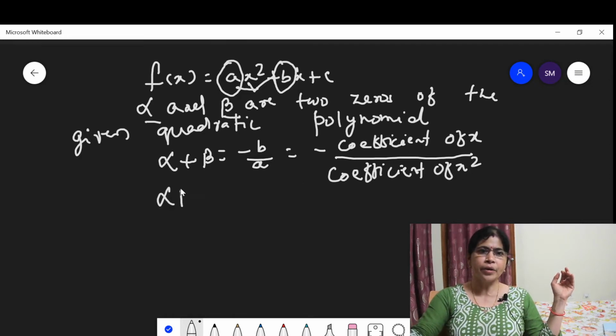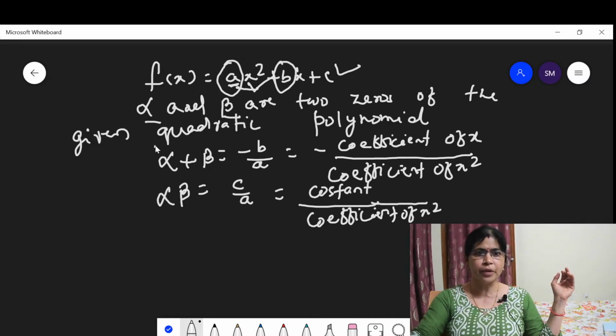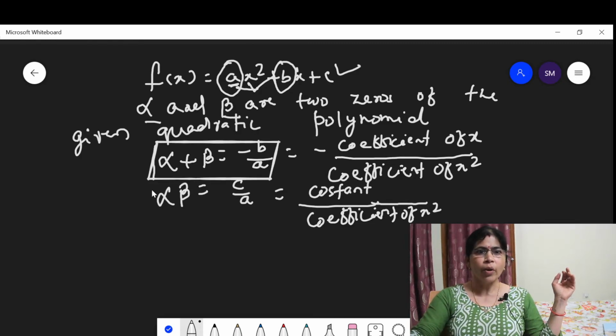Then alpha into beta is equal to c upon a, where c is the constant and a is the coefficient of x square. That is, the constant upon the coefficient of x square. So the relationships are alpha plus beta is equal to minus b upon a, and alpha into beta is equal to c upon a.